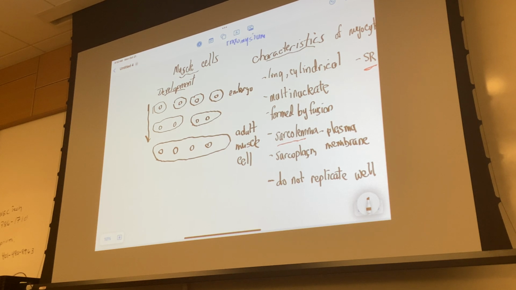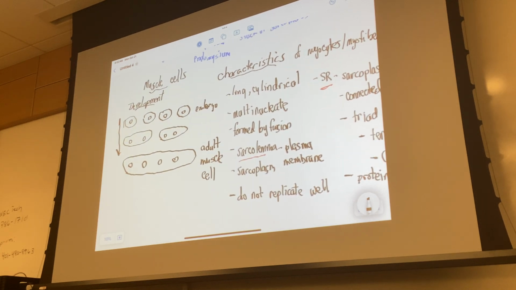They repair themselves very efficiently because they have such an extensive sarcoplasmic reticulum, but they do not make new muscle cells. So their development is this unique thing with cell fusion. We had embryonic stem cells starting out in the embryo, and those stem cells converted very early on in our development from embryonic stem cells to adult cells.